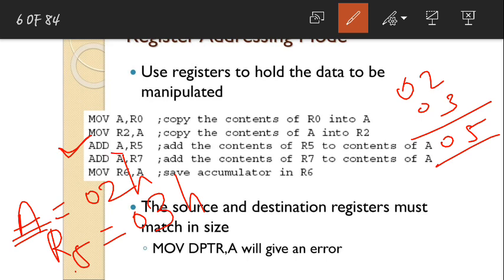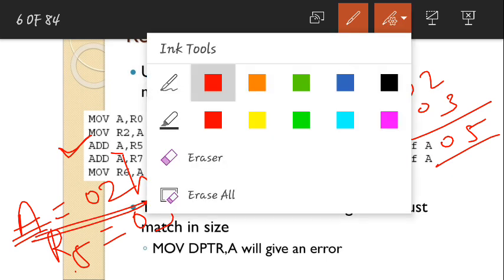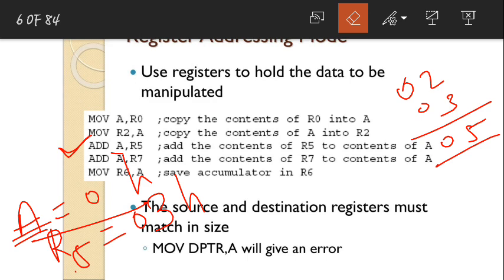Destination is A. We have seen the A register is always taken to store the result for all arithmetic operations. So this 05 will be stored in A. Before execution, A had 02 here. Now after execution, this A will become 05. Is that fine? Are you getting?